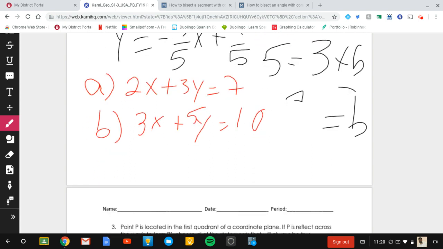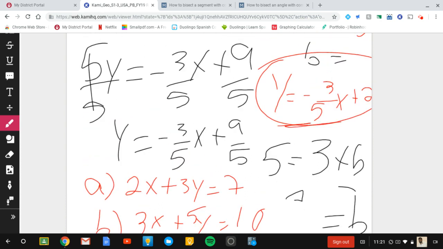And then C would be, I don't know, let's say 3x plus 2y is equal to 5.